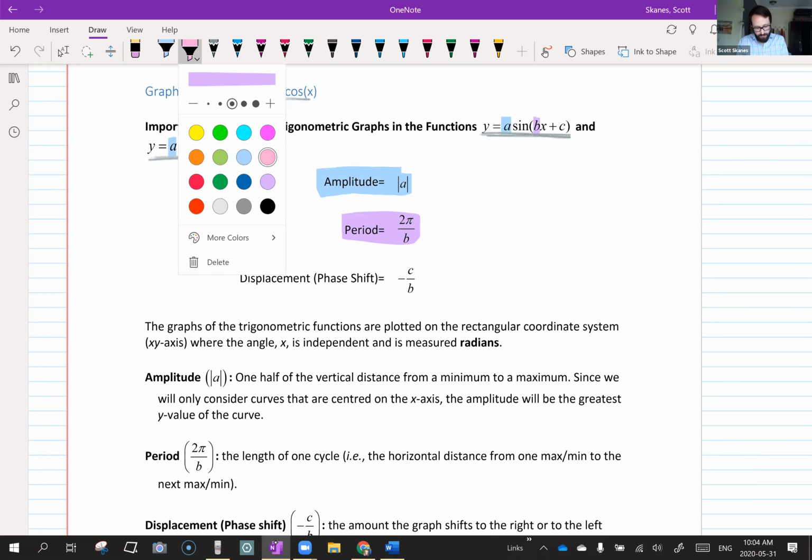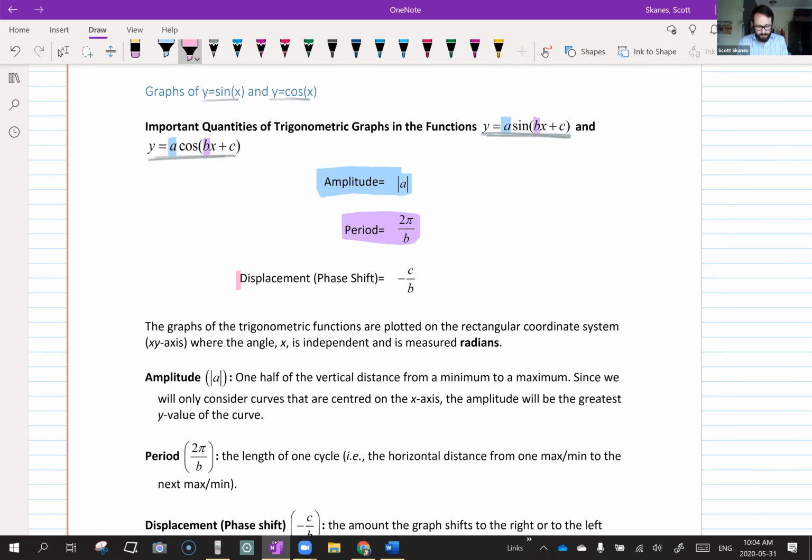And finally, we have our displacement, also called phase shift, also called phase angle, also called horizontal shift, also called horizontal translation. There's lots of words for it. It's related to the C value, and we can mix and match them, okay? So this is our big idea. We have our general equations, and they have three pieces that change the function, A, B, and C.